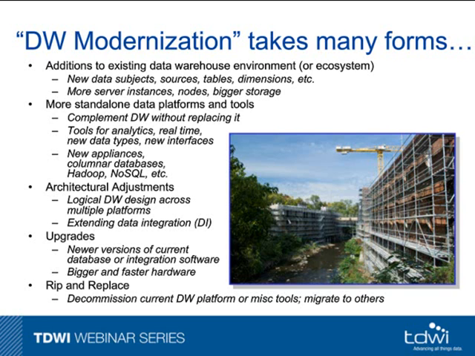That's a kind of modernization. Part of my job is to run surveys, so I know a lot of users have been moving from SMP or some multi-processing computing architectures to platforms that are based on massive parallel processing or MPP architecture. So for many of you, that's been a modernization you've done in recent years.